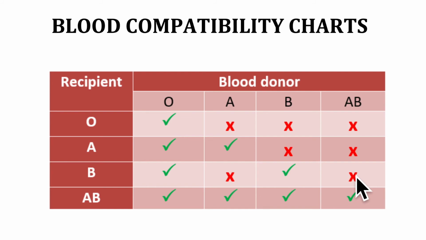Now, it's important to realize that AB is universal blood, type O is the least lucky, they can only take type O, but the A blood can take O and itself, the B blood can take O and itself. So everyone can take O. So O is the universal donor, but type AB can take everything, but O can only take itself.